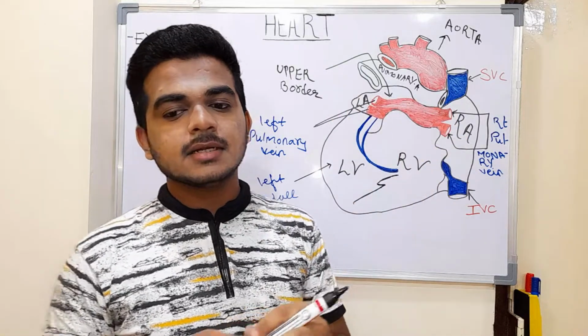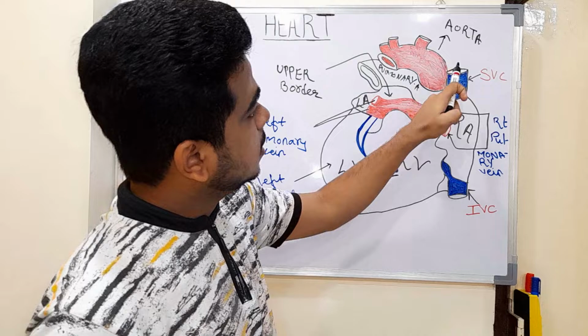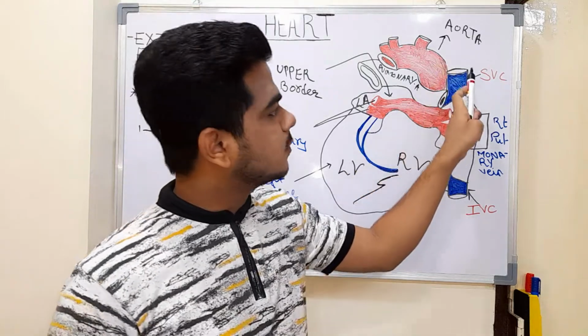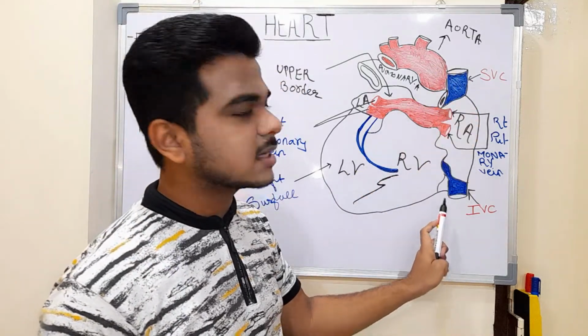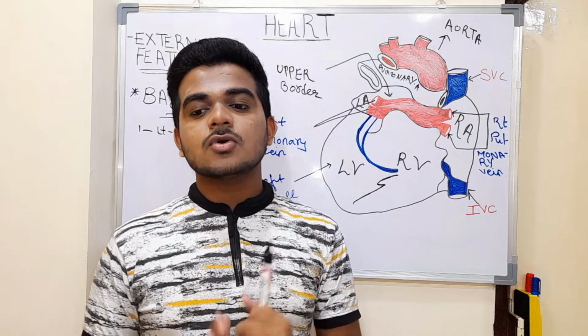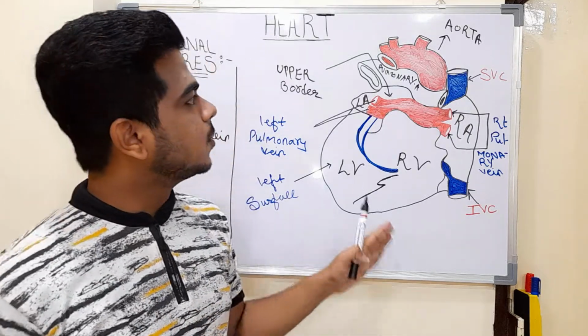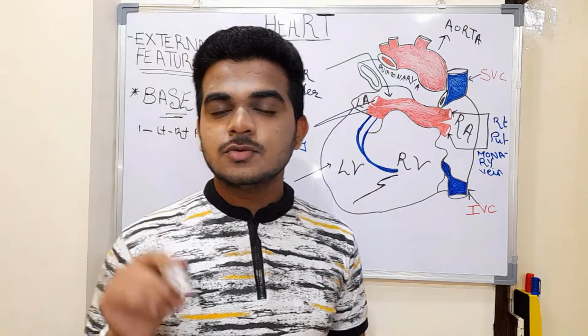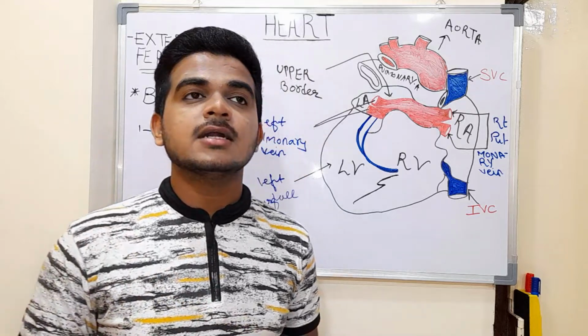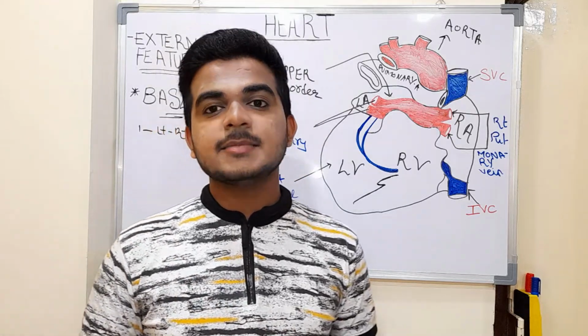Then second, the superior vena cava and inferior vena cava form the base of the heart. These two points are very important. You must write them in the base of the heart if it is asked in the examination.